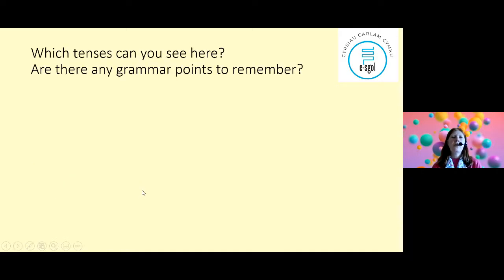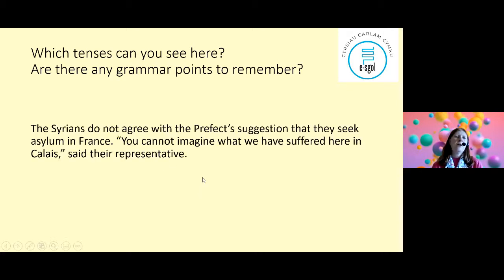I'm now going to move to the next part of the translation. So again, we're using the same two questions. Which tenses can you see here? And are there any grammar points to remember? So in this section, we actually have two sentences and we have some speech as well. So again, use the Q&A please to have a think and note down whether you can see tenses or grammar points, and Madam Lloyd will help you.